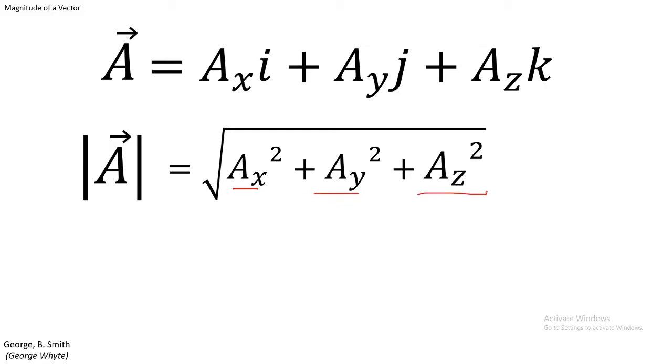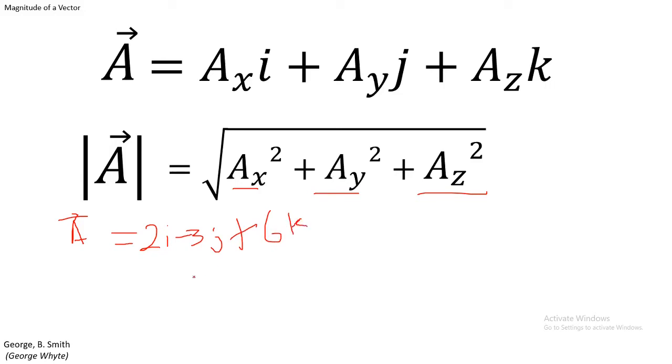As a simple example, let's say I have the vector a, and the vector a has a value of 2i minus 3j plus 6k, and I'm asked to find the magnitude of this vector.